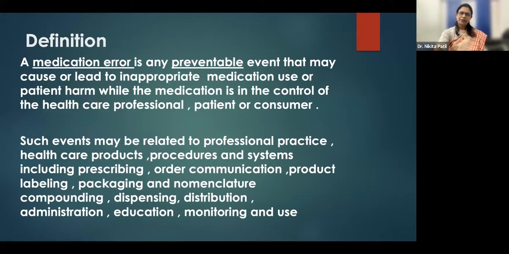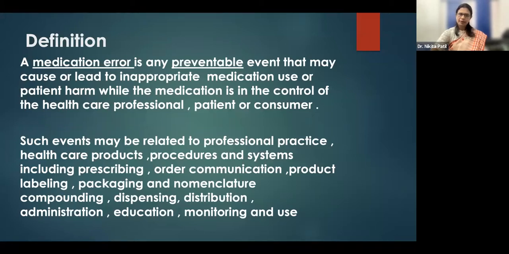Now, the actual definition. What is a medication error? A medication error, please look into every word, is any preventable event that may cause or lead to inappropriate medication use or patient harm while the medication is in the control of the healthcare professional, patient, or consumer. Right? Such events may be related to professional practice, healthcare products, procedures, system, including prescribing also.